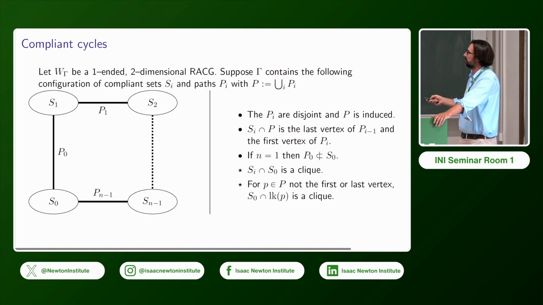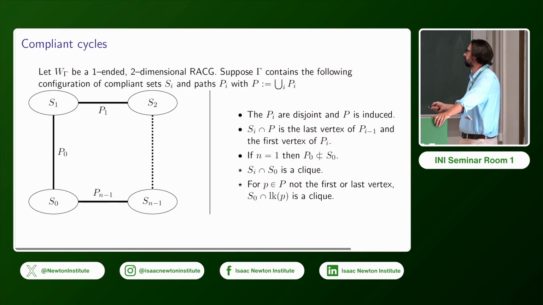Only at 2 vertices, only at the first and last vertex leading up to that compliant subcomplex. The third one is n is allowed to be 1. So you could only have the i as 0, but if you do that, you really insist that the P_0 sort of leaves and comes back. It can't just be a single vertex contained in S_0, right? That wouldn't be interesting. The 2 starred conditions, these are going to have geometric consequences in a minute.